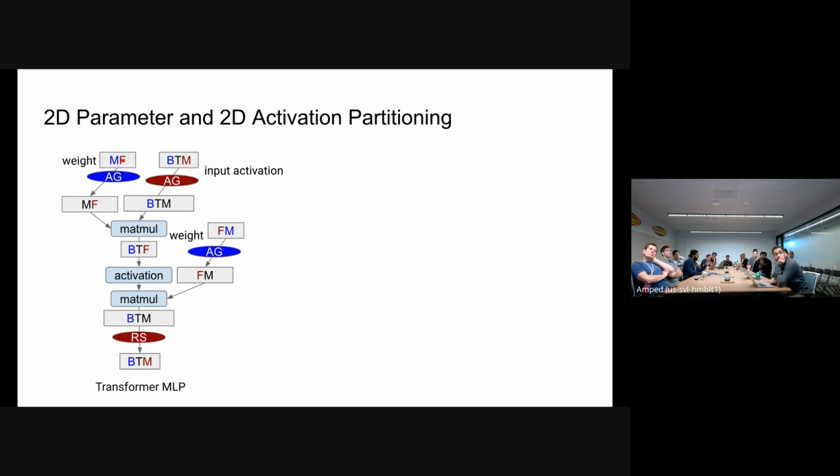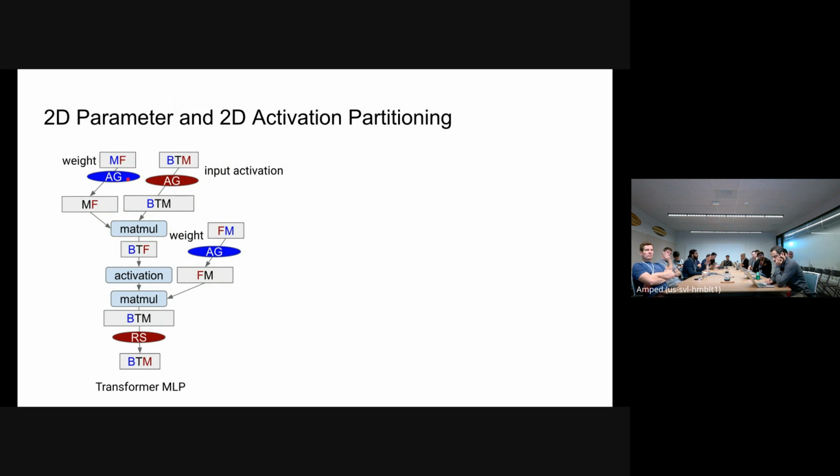And so as you can see, what we are starting with is a sharded activation, and a sharded weight, which is M by F. And when I say sharded weight, which means that the first dimension of this weight was sharded along the blue axis, and the second dimension was sharded along the red axis.